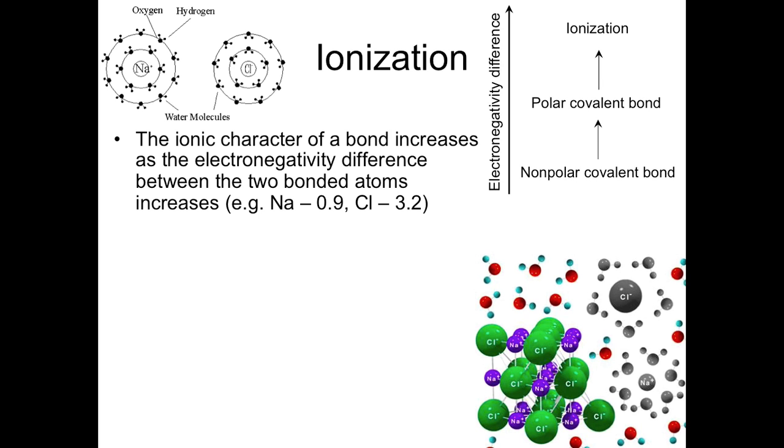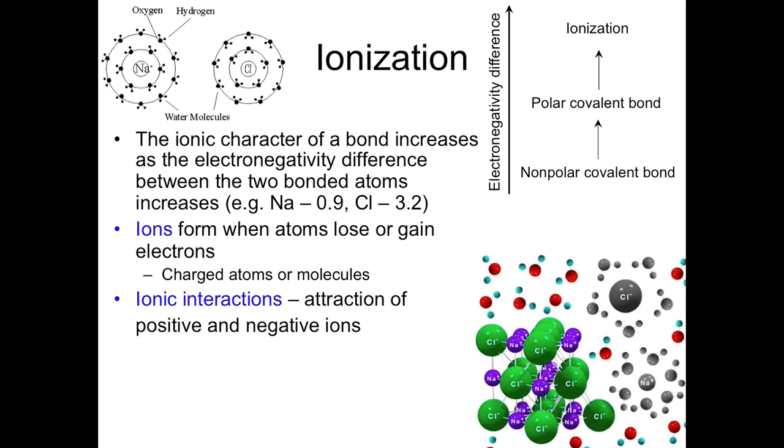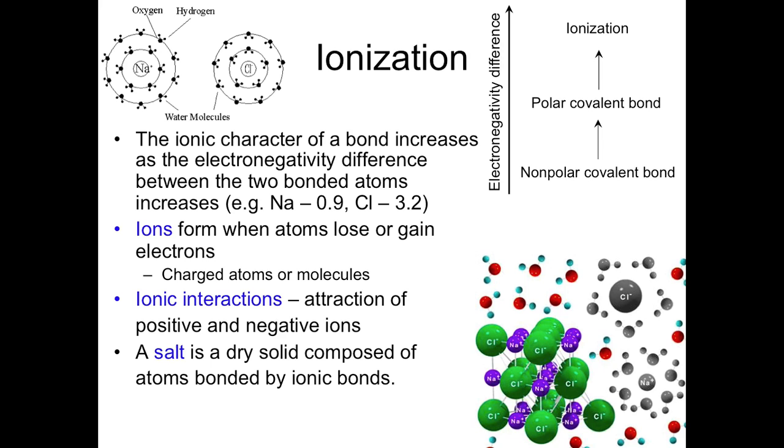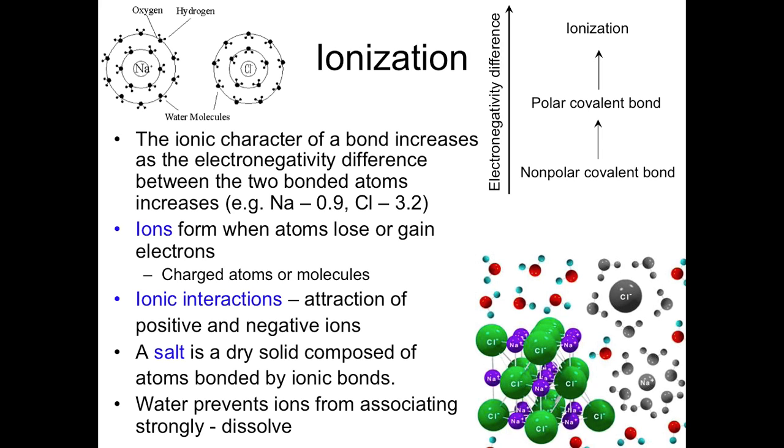All right, I'm not going to spend too much time on ionization, but you should know what an ionic bond is. I do want to point out that in an aqueous environment, you have very few ionic bonds. And what we have instead in biological systems, which are aqueous systems, are ionic interactions.